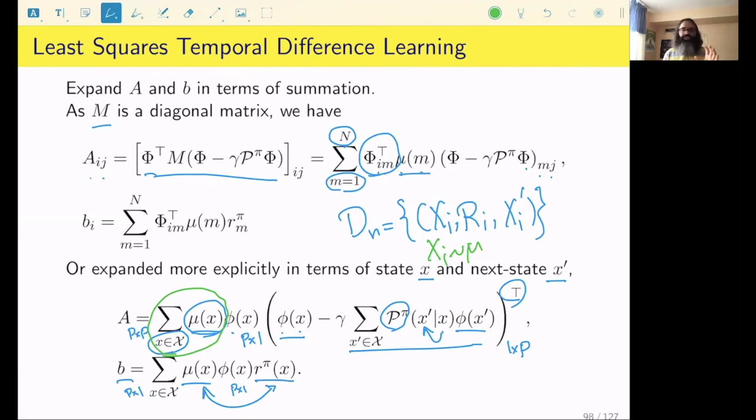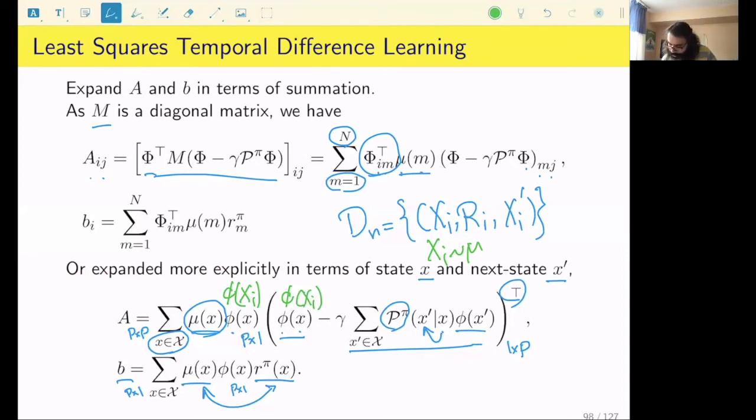So I can substitute the expectation with the empirical expectation, or empirical average. So the result would be, instead of phi of x, what if I just write phi of x_i prime, and then maybe I can also write phi of x_i here too.